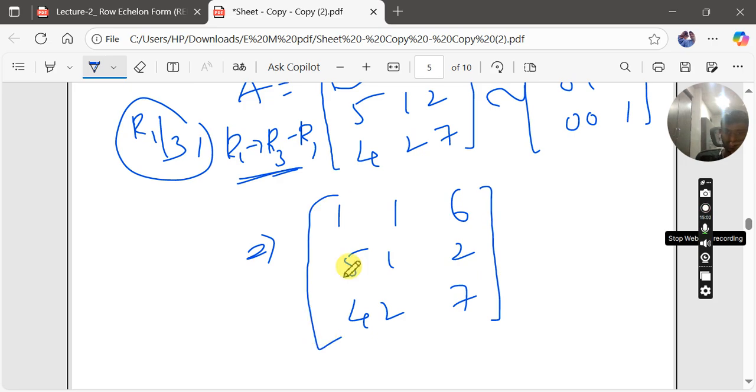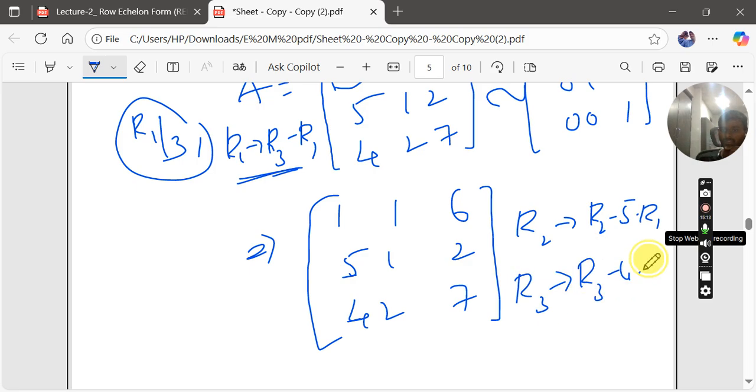So what is the next step? Here we need to make 0, here we need to make 0. How can you make these 0? R2 implies R2 minus 5 into R1, and R3 implies R3 minus 4 into R1.